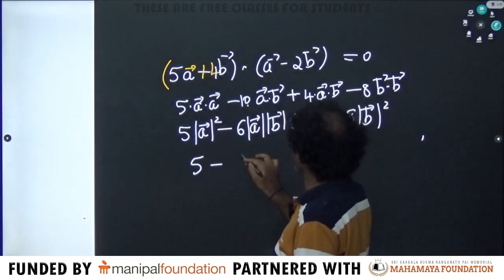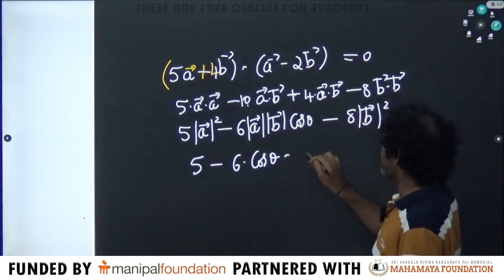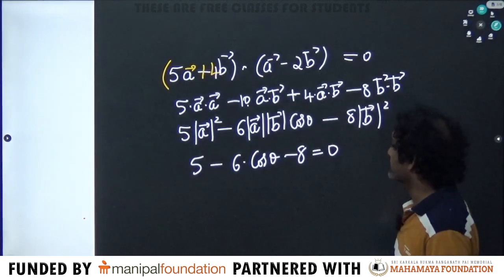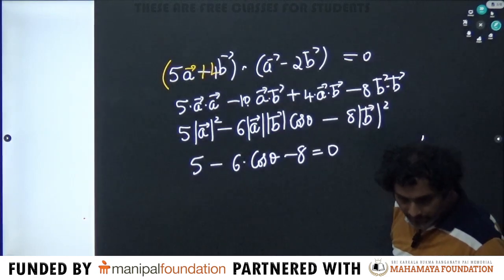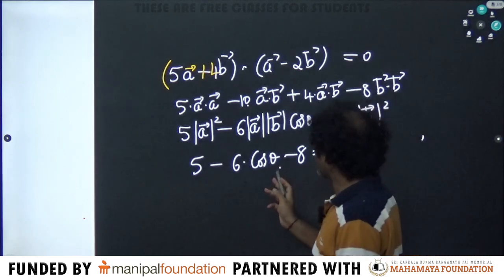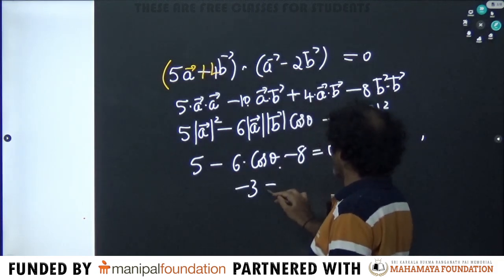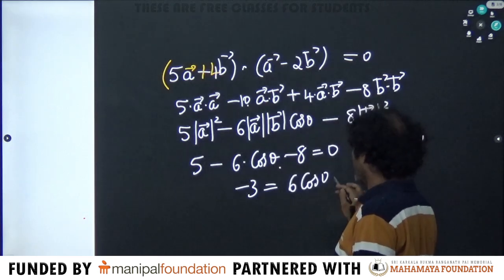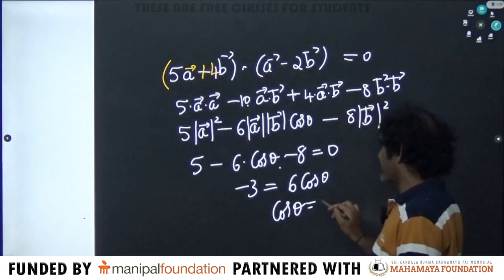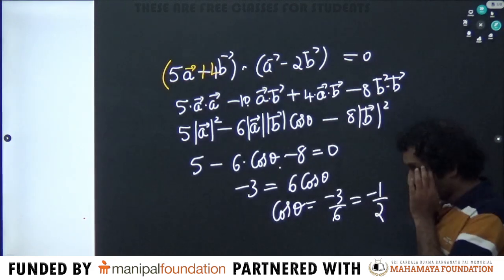So only 5 minus 6 cos theta minus 8 is equal to 0. Correct? So 5 minus 8 is minus 3, equals 6 cos theta. So cos theta is minus 3 by 6, which makes it minus half.